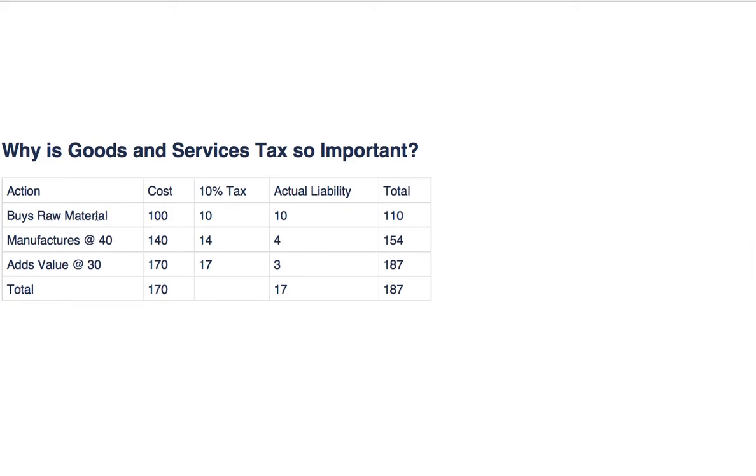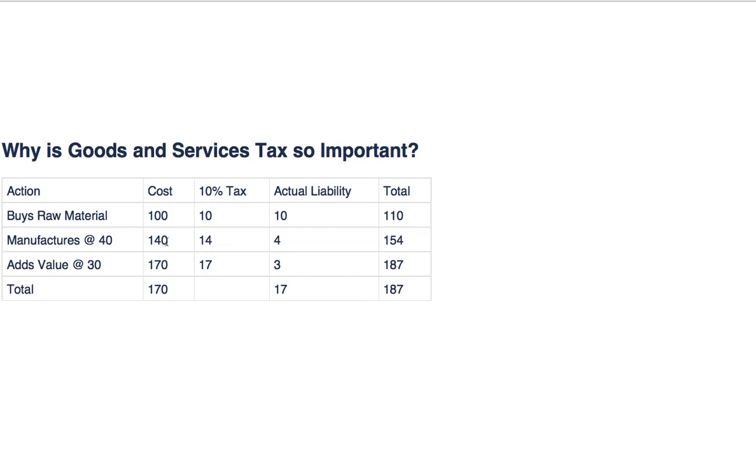A person who buys the raw material, the cost of the product, let's say, is 100 rupees. He has to pay 10% of tax, so the cost of the product becomes 110 rupees. Then the manufacturer buys it from that person, and he has to manufacture and package the item, etc. So he charges another 40 rupees.